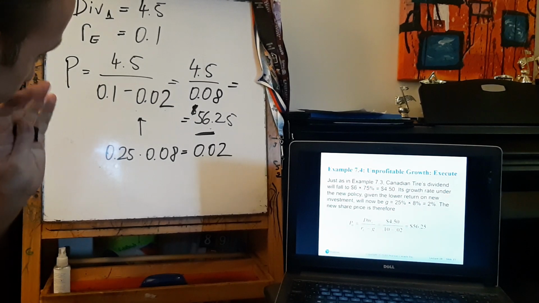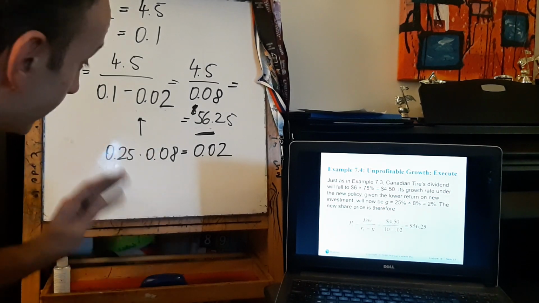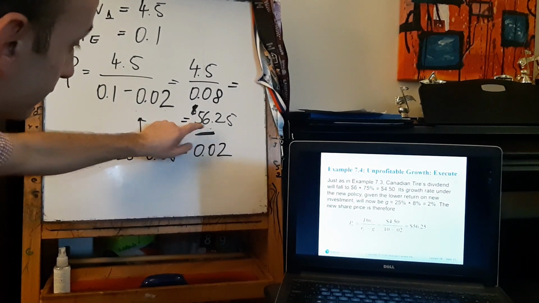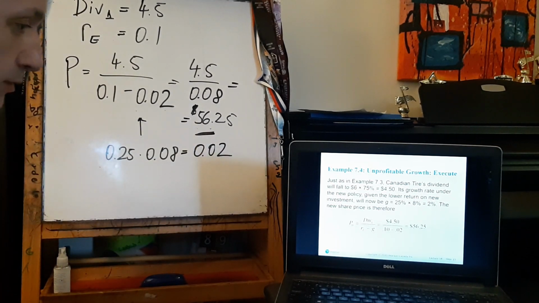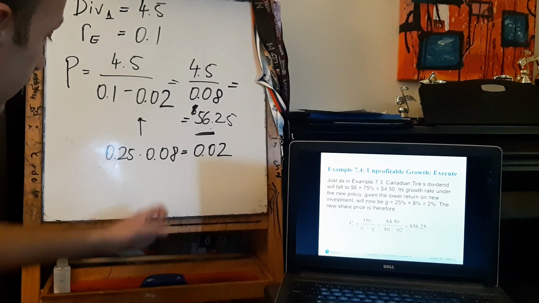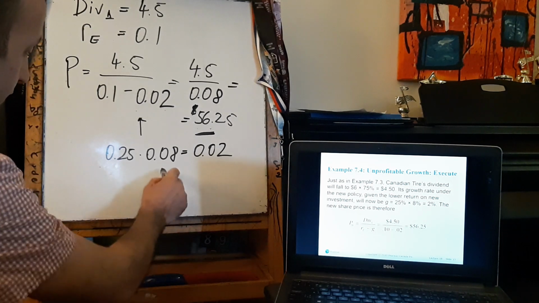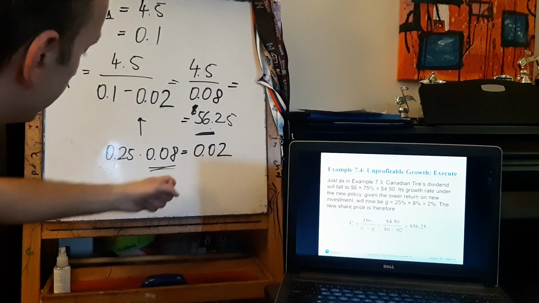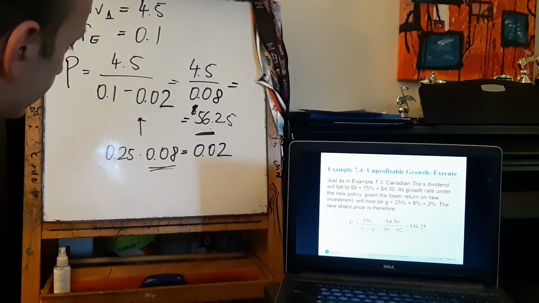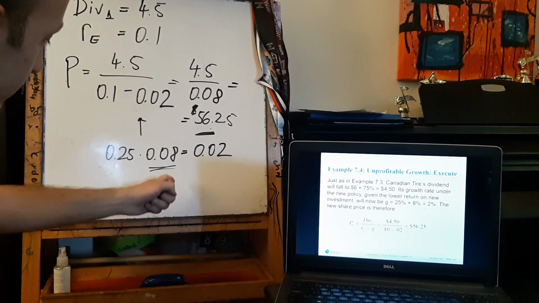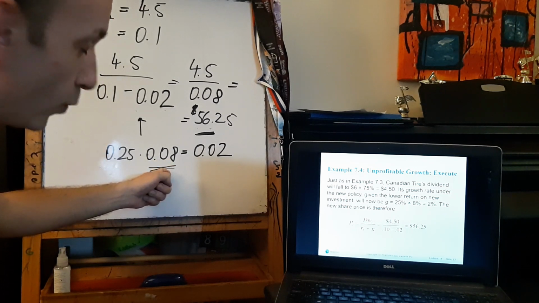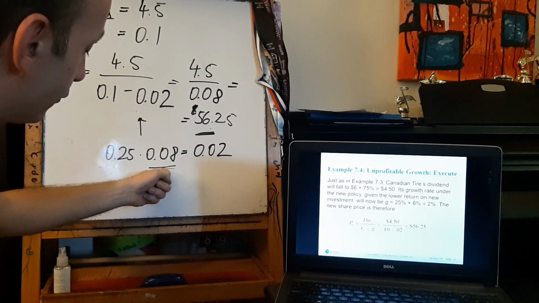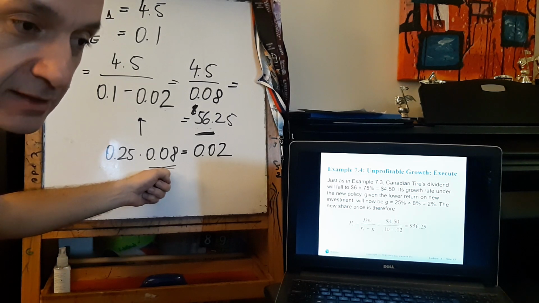Now, just the intuition. Why would they punish them by lowering their share price, or by being willing to pay less for their shares, if Canadian Tire decided to invest 25% of their net income into a project that has 8% return on investment? One key number. What is the return on investment on the existing Canadian Tire projects?